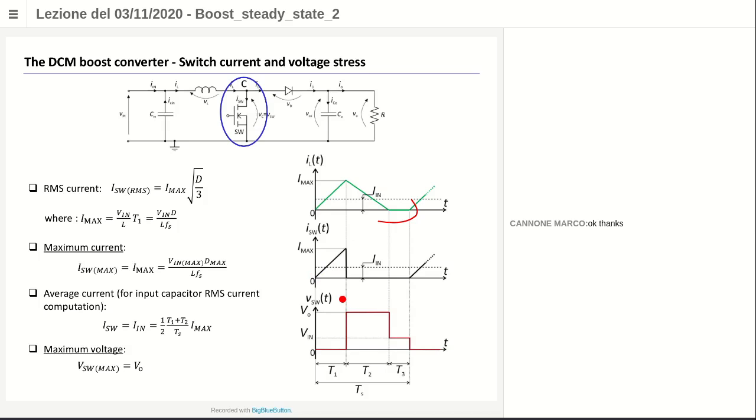The area of a parabolic triangle is 1/3 of the rectangle that encloses the triangle. So it is 1/3 of I max squared multiplied by the duty cycle D. And if you take the square root of this value, you get this expression here, which depends on the duty cycle divided by 3 under the square root.